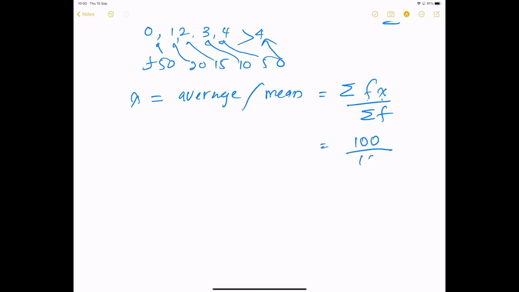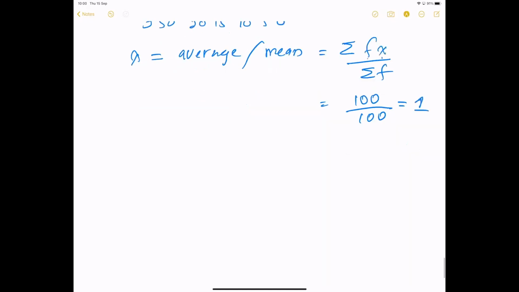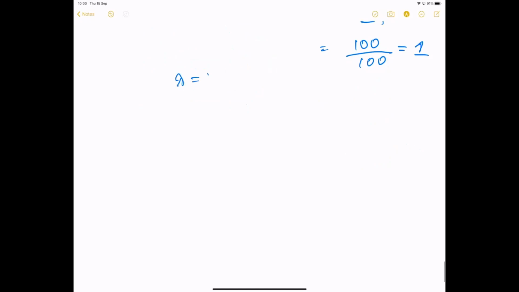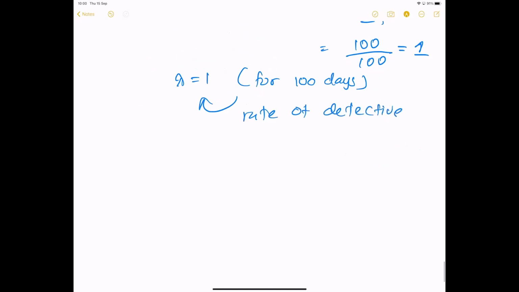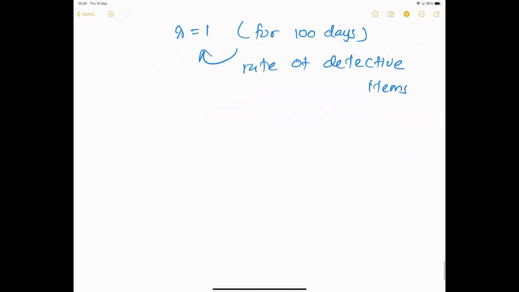The summation f is also 100 because the frequency relates to 100 days. Therefore, lambda is equal to 1. For 100 days, we have the rate of defective items, right?